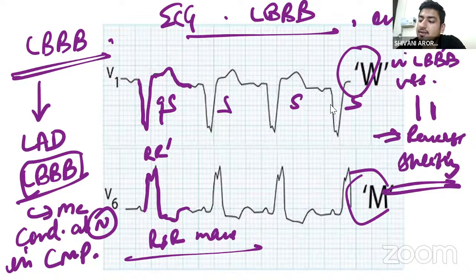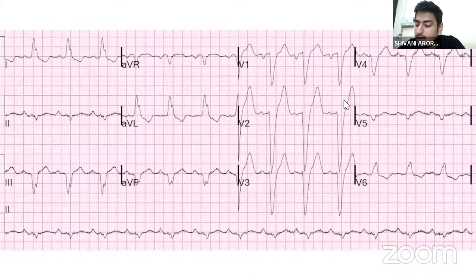Now let us look at this ECG. In this ECG, we can see that the axis is left axis.